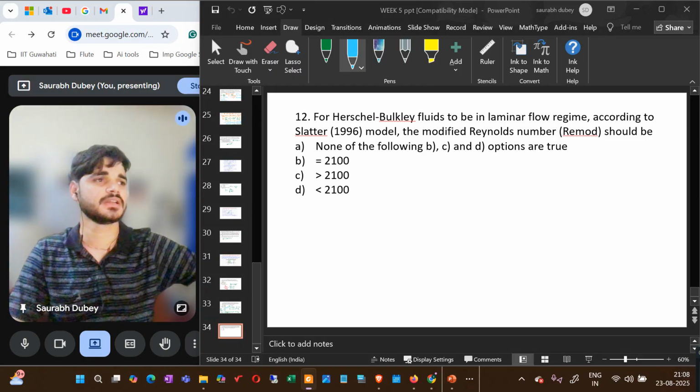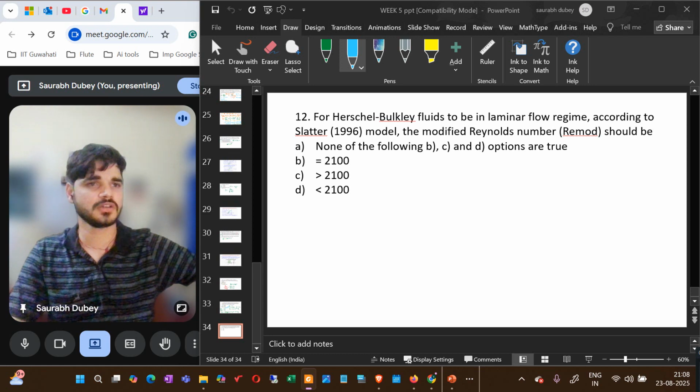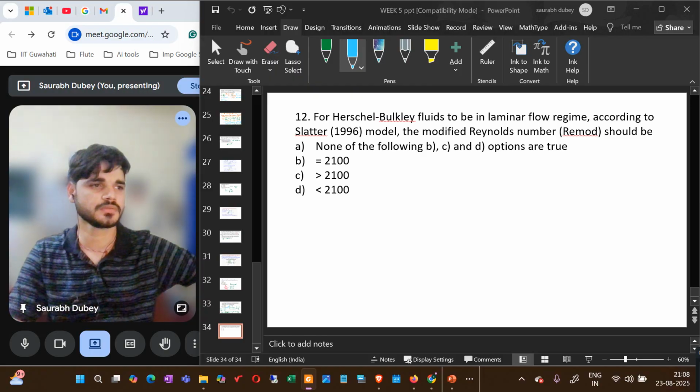So the modified Reynolds number Re_mod should be what? Equal to 2100, greater than 2100? Can you say anything about this question?